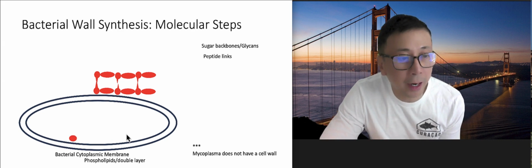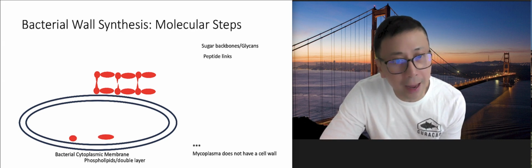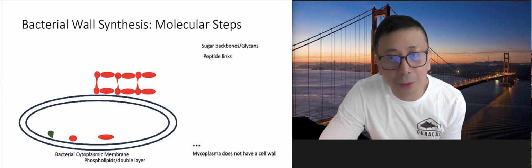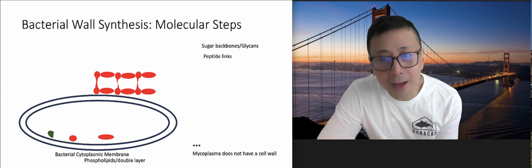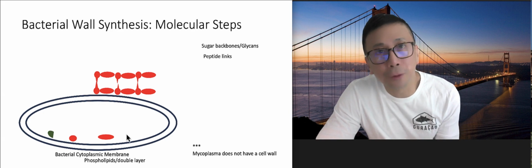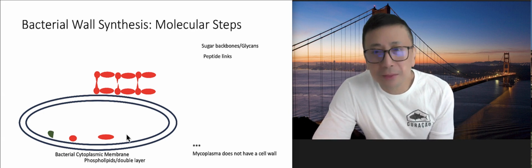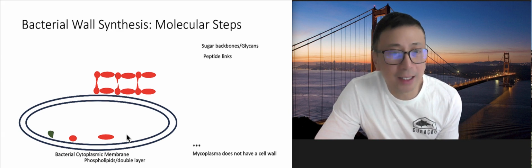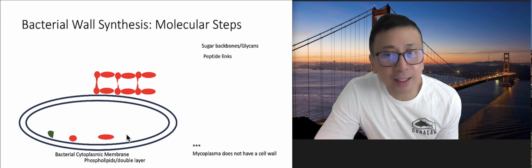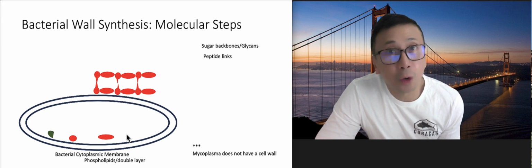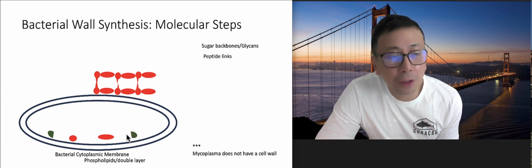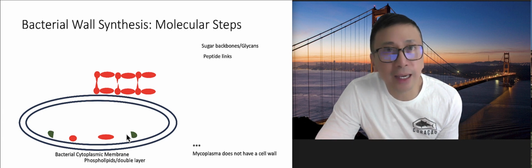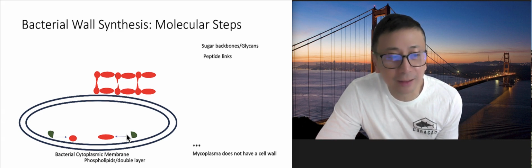So it starts by having this simple sugar. We call it the NAM and the NAG. So NAM stands for N-acetylmuramic acid, right? And then the NAG is N-acetylglucosamine. So pretty much they're just simple sugars. So there are monosaccharides that will actually activate the NAM and the NAG, right?